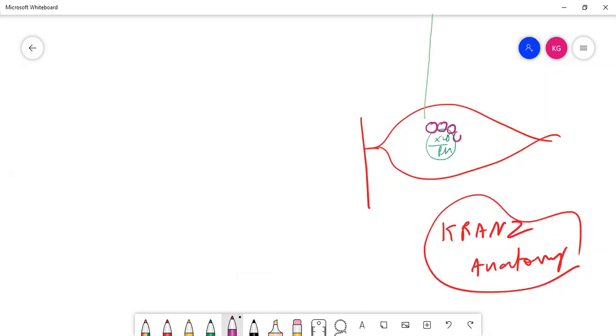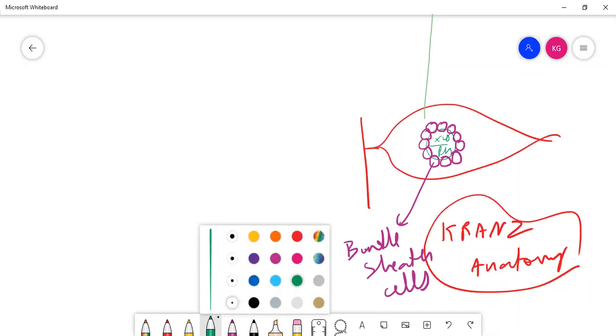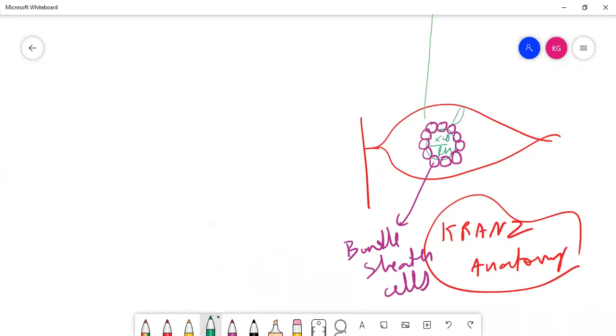Vasculature is surrounded by thick walled cells, and we call these thick walled cells bundle sheath cells. ठीक है. और ये जो bundle sheath cells हैं, these bundle sheath cells are in touch with another set of cells. देख रहे हो आप, bundle sheath cells are in touch with another type of cell, and what is this cell? We call it mesophyll cell.